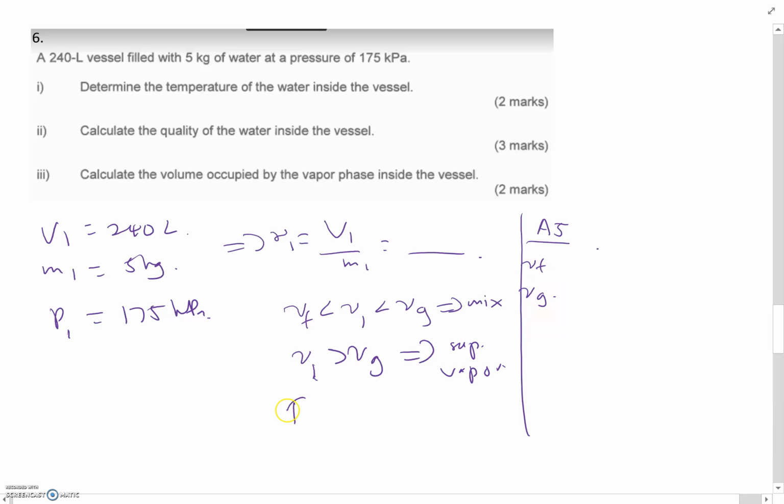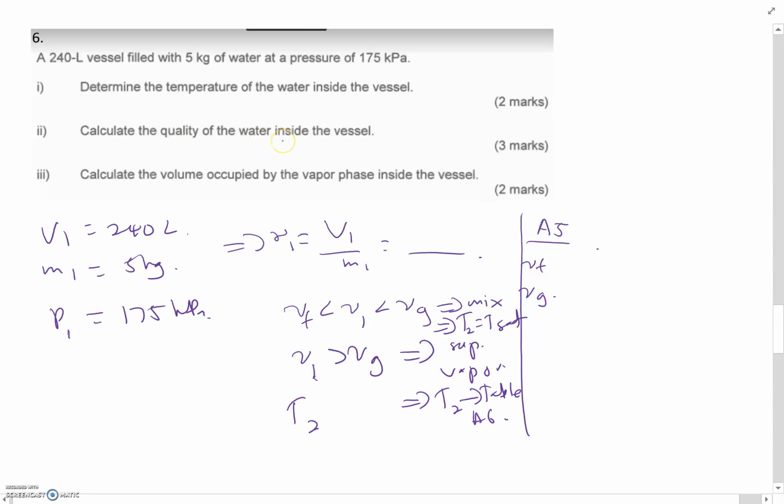So your T2 depends on the phase of the state. If it's a mixture, T2 equals Tsat. If it's superheated vapor, T2 is from the table. This is water, so the table is A6.